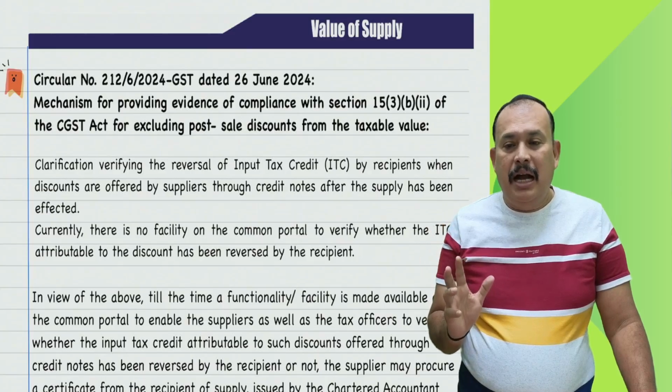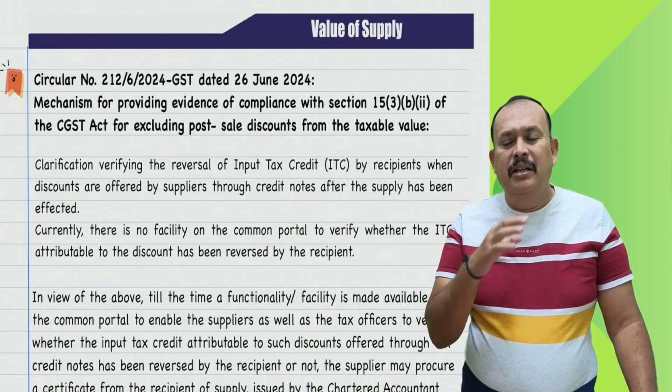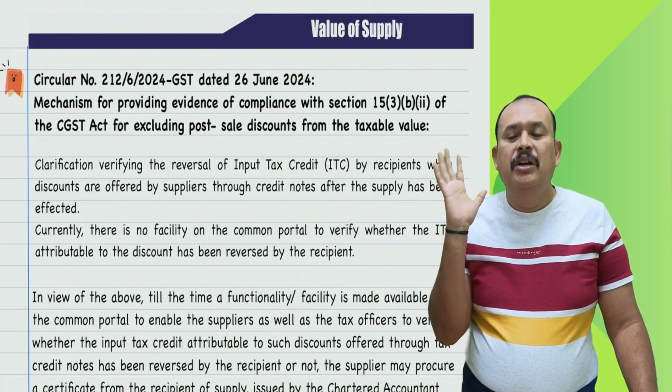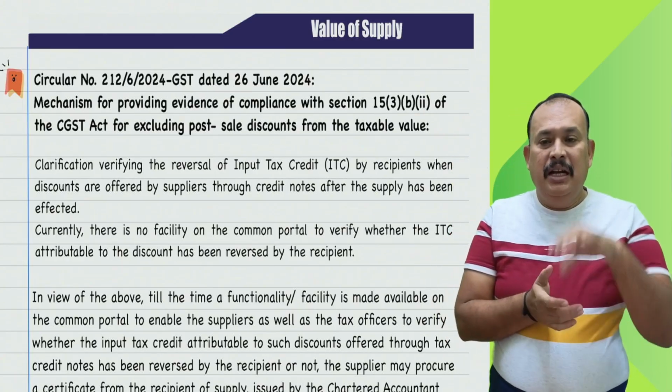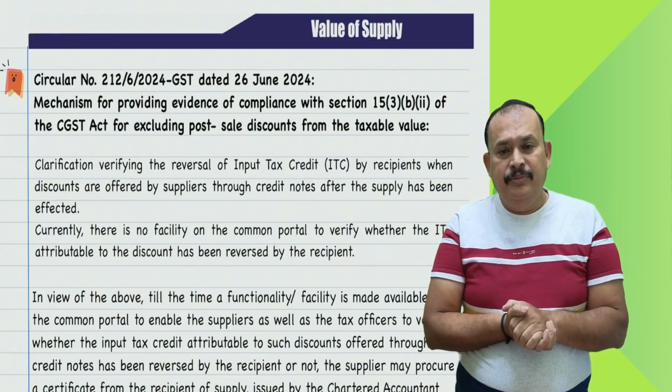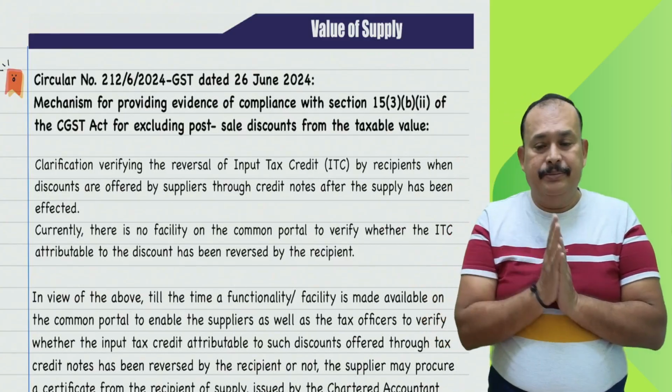See, I am a seller. I sold the goods in the month of October for 10 lakhs. I mentioned in the invoice that I will give a discount of 10% if the buyer pays within 1 month.